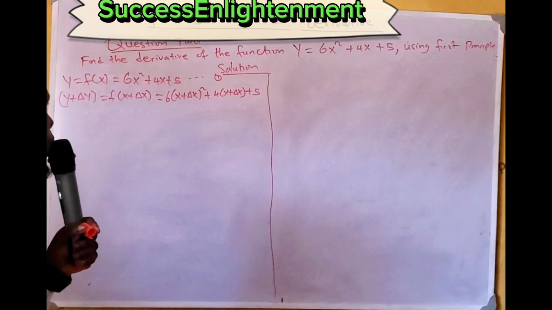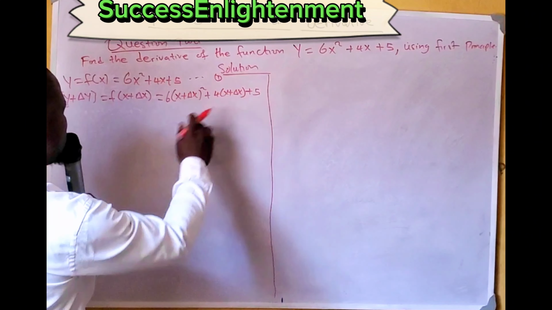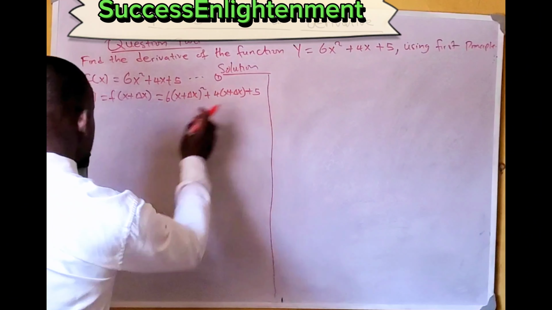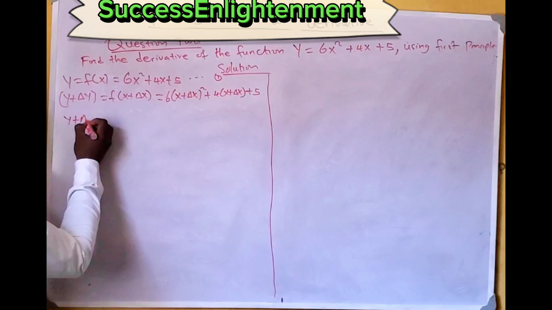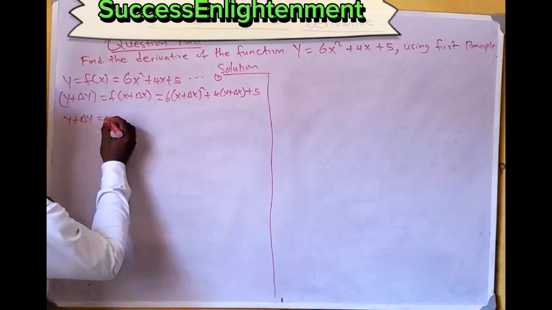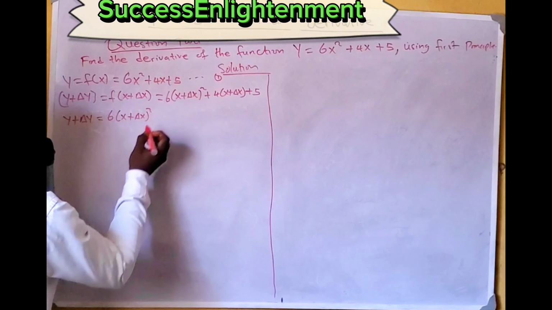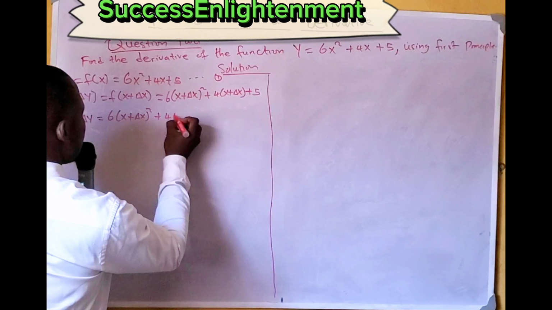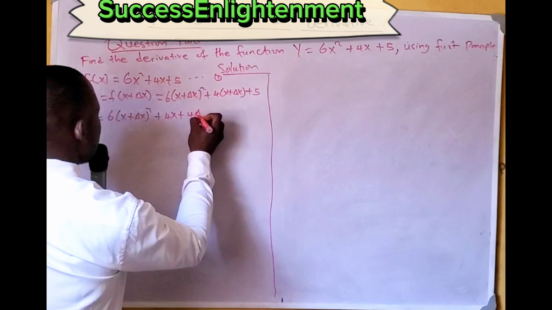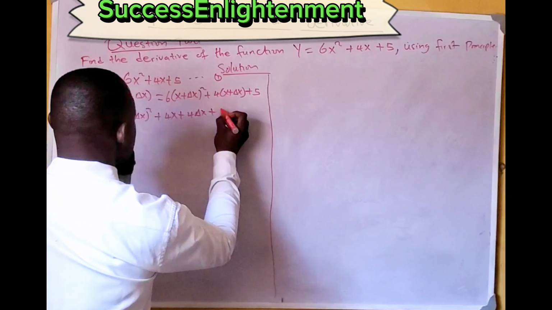We can further manipulate this. That is, y plus change in y equals 6 into x plus change in x all squared plus 4x plus 4 change in x plus 5.